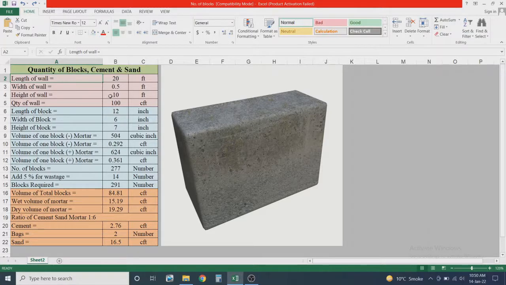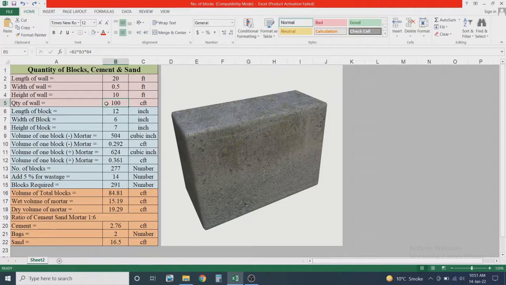From these three dimensions, I will calculate the quantity of the wall. I will multiply length, width and height with each other. Like you can see over here, I have fed a formula, and this formula has multiplied all these three parameters, and this has given me the quantity of the wall, that is 100 cubic feet.